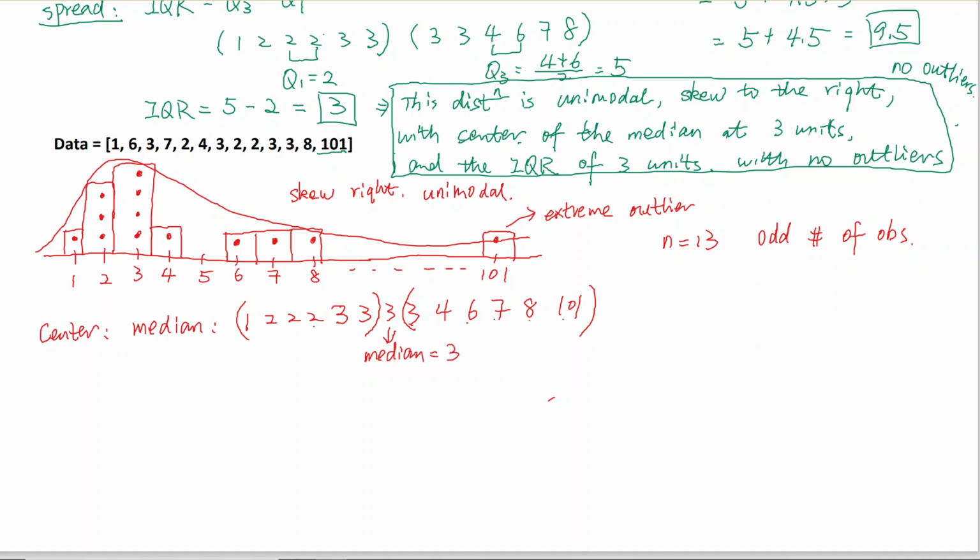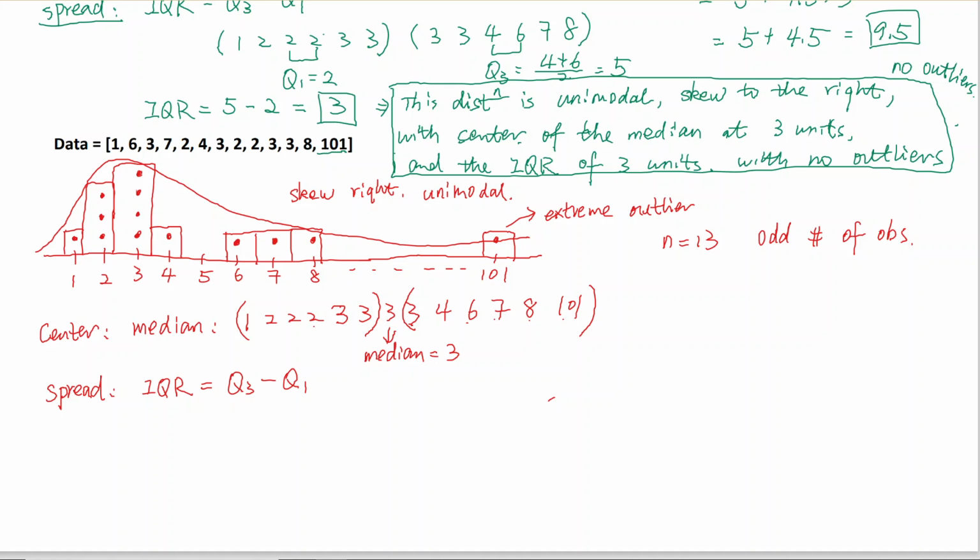All right, next one, we need to find the IQR to describe the spread, right, as a pair of median and IQR. So again, for IQR, you need to find Q3 and Q1. To find Q1 and Q3, you need to divide the whole data set into 2 equal halves. But how do we deal with the middle one? Still remember?